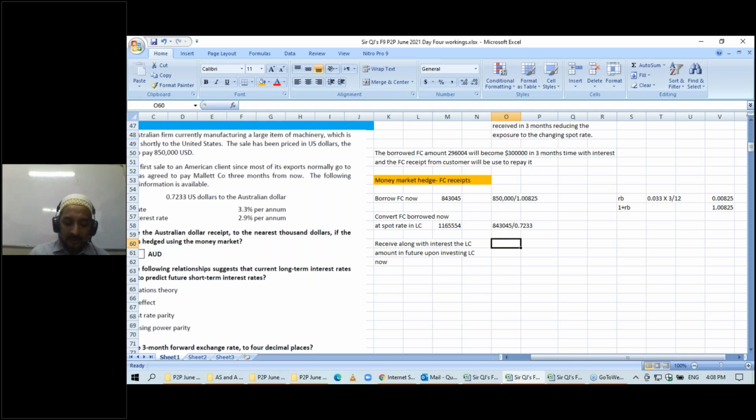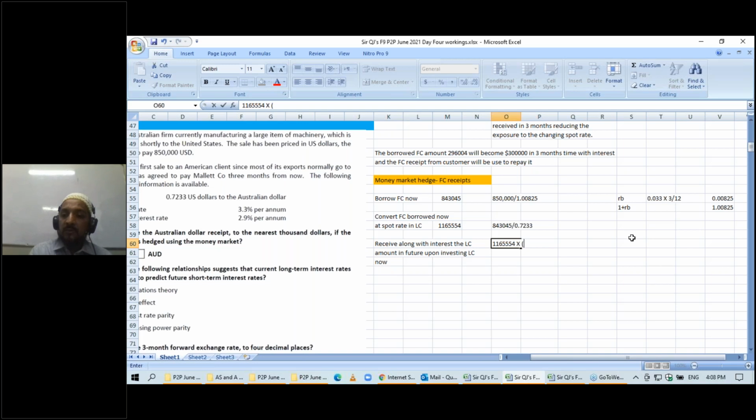On lending this amount, in the second step, we will receive after 3 months time the principal and the interest amount, which will be our predetermined cash receipts due to the money market hedge. So this is what has been fixed, and now we are not exposed to any cash flow changes due to the spot rate change, because it is now fixed through the money market how much amount we will be receiving.